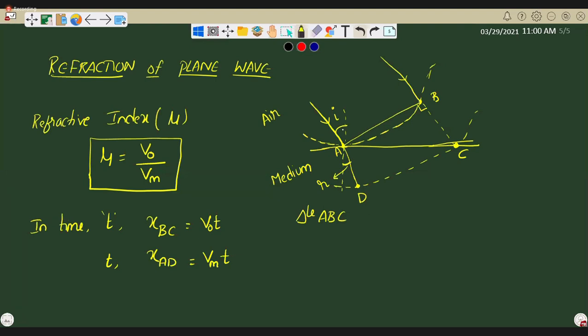If this is I, then this angle will be I. Please understand: this line with this line is making an angle theta, then this line's perpendicular with this line's perpendicular will make the same angle I. So in triangle ABC, can you tell me what is sine I? BC by AC. Fantastic.